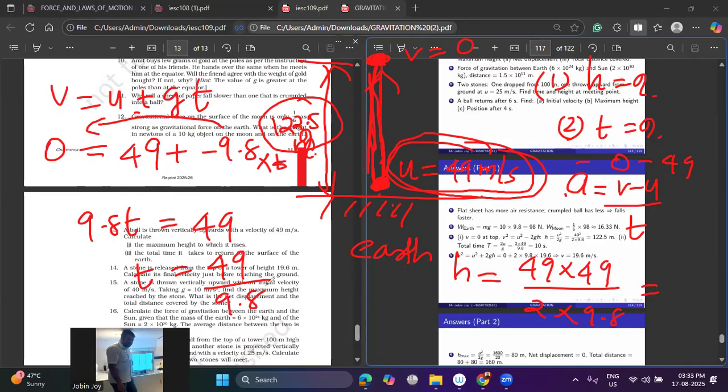To remove this decimal, I have to multiply by 10 over 10.